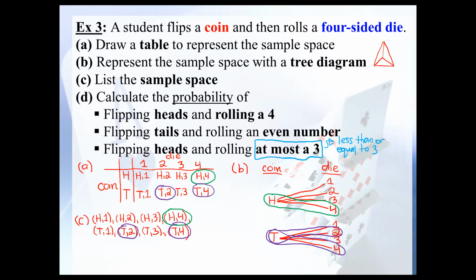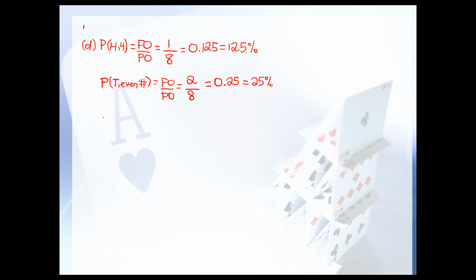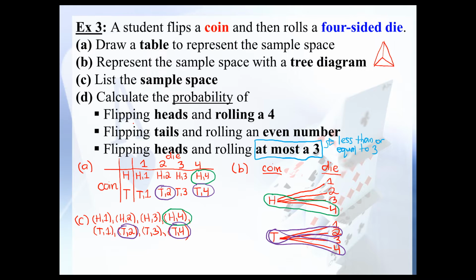Okay, so let's set up our equation, and we'll come back and identify all the different favorable outcomes. We're going to write down the probability of heads, comma, and a number that is less than or equal to 3.